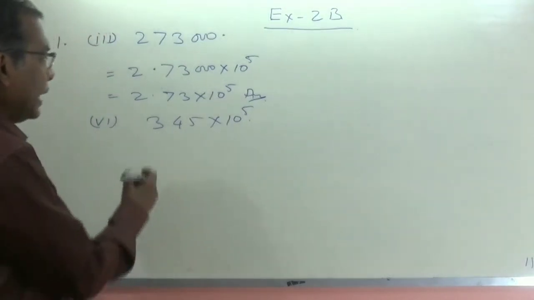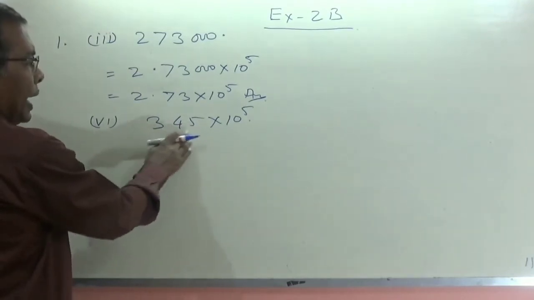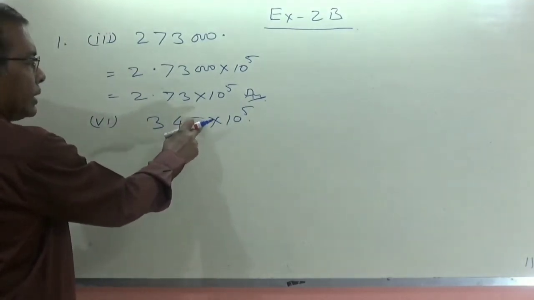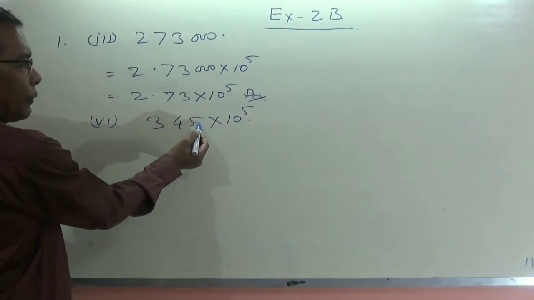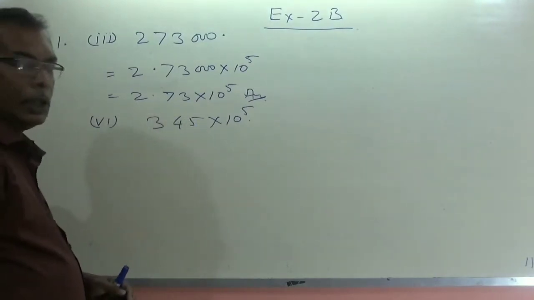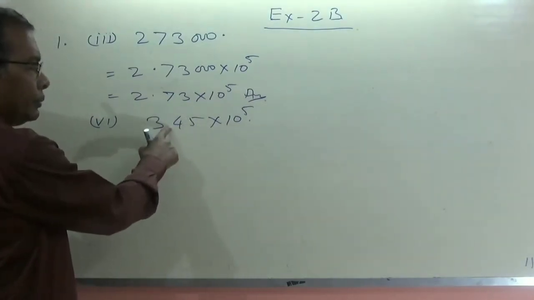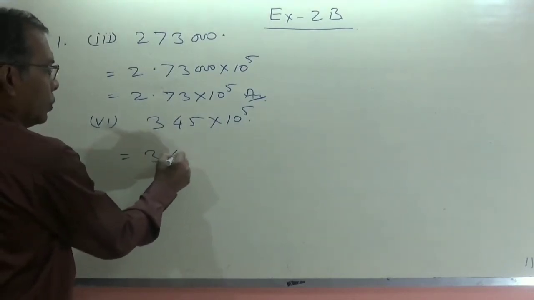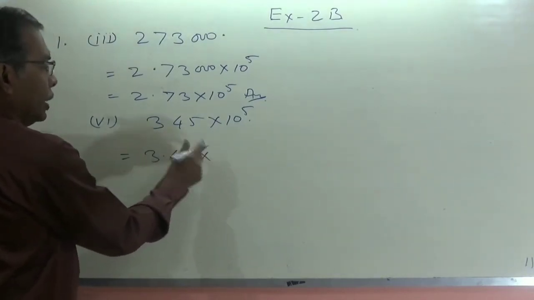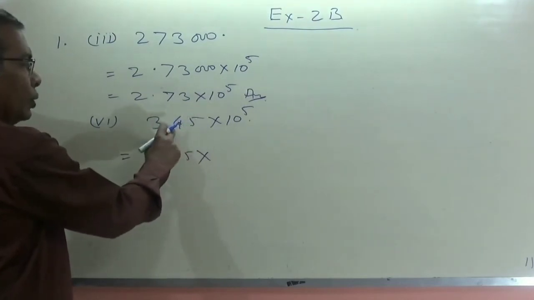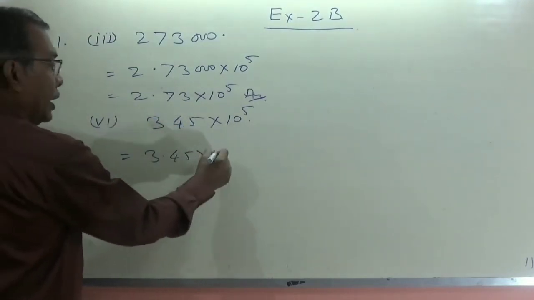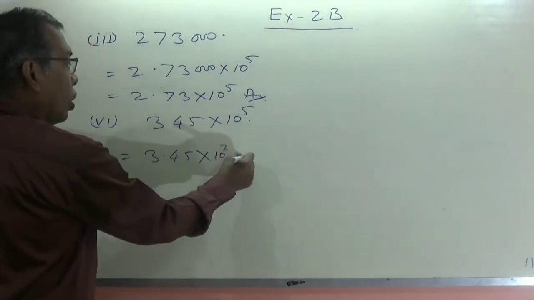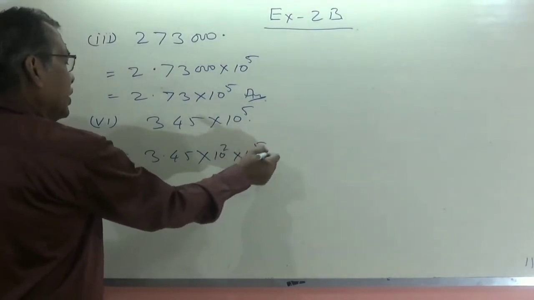So I am finding that this is the main number and the decimal is here, after 5. This decimal should come here. So it will be equal to 3.45 into, the decimal is taking a jump by 2 digits to the left hand side, into 10 to the power plus 2. And 10 to the power plus 5 is already there.